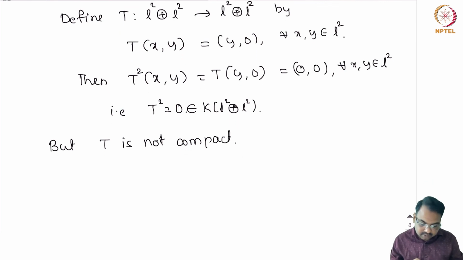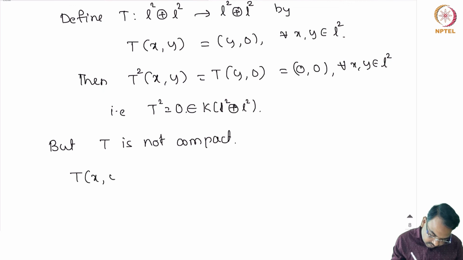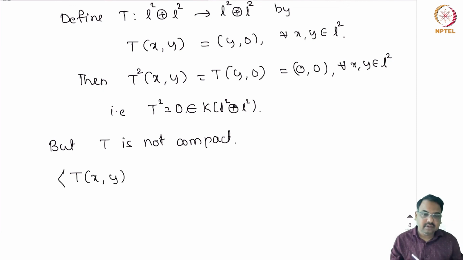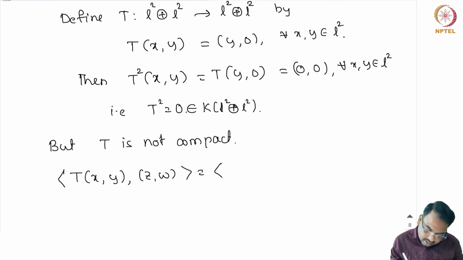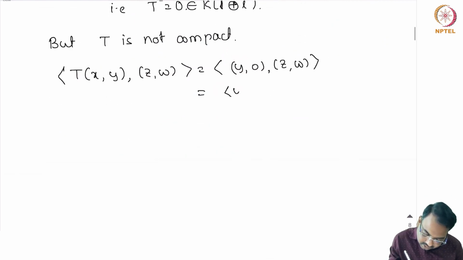Okay, so to show that T is not compact, let us look at T star T. For that we have to find what T star is. To find T star, let us look at this equation: inner product of T(x, y) with (z, w) is inner product (y, 0) with (z, w), and this is nothing but inner product y with z only.